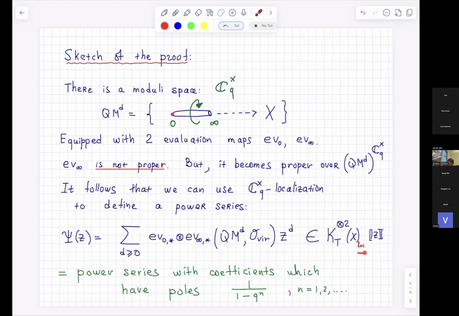And now it's a localized K theory, which means that coefficients of your power series will be rational functions in this parameter q. In particular, they will have poles of the form 1 minus q to the power n. And in principle, this pole may appear for all possible n's.